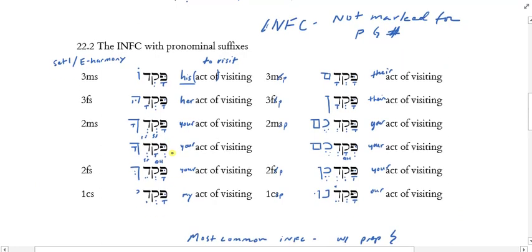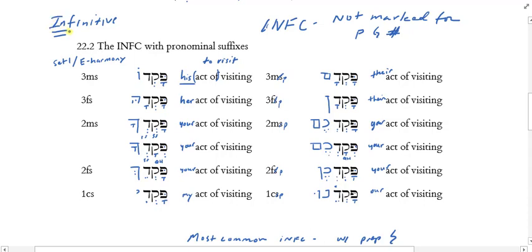Yeah. Okay. So here, what we're talking about is simply how to form the infinitive construct when you want to attach a pronominal suffix to indicate whose verbal activity we're talking about. But we have to remember that when we use an infinitive, the prefix "in" means "not."